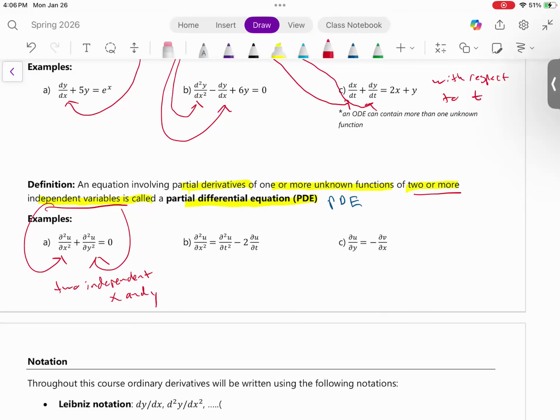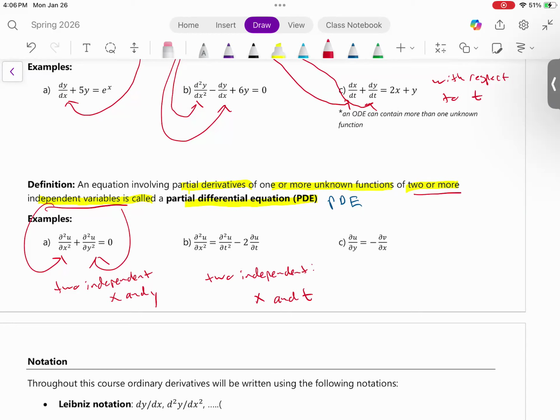Okay. And if you look at example B, we have, again, two independent variables. It'll be x and t.